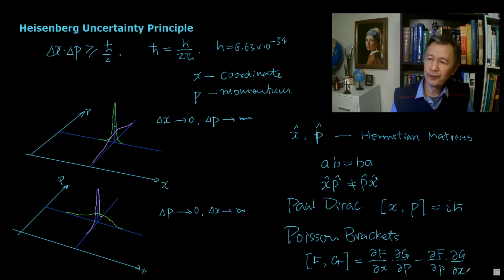That is the original form of the Poisson bracket in classical mechanics.